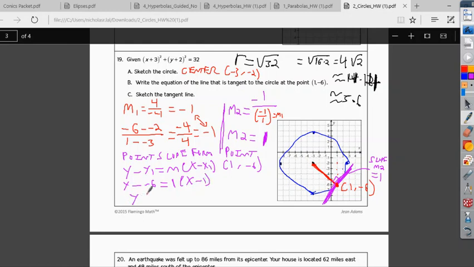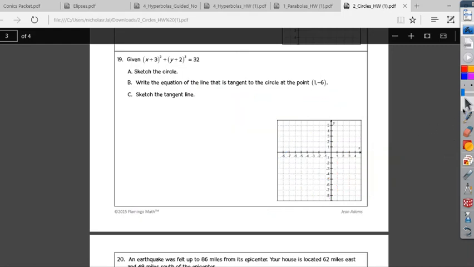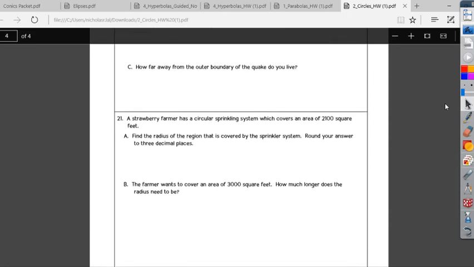So we have y plus 6 is equal to x minus 1. Finish things off. Y is equal to x minus 1 plus 6. Alright, that's 19. Clearing annotations. Going to 20 and 21.